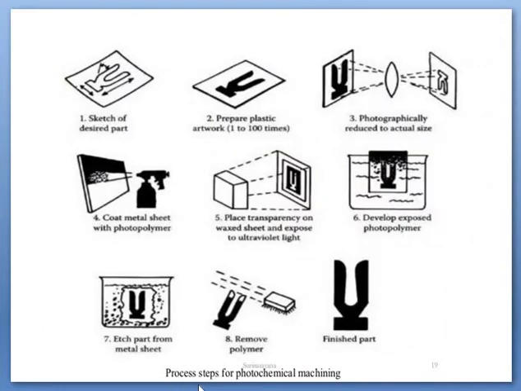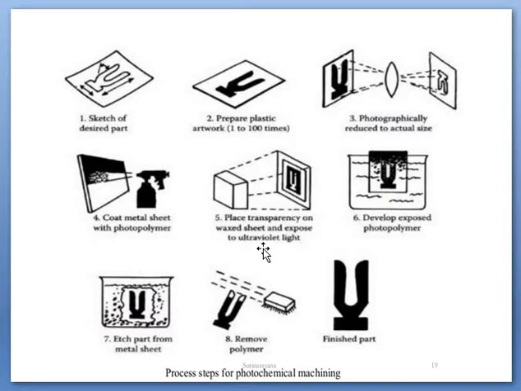This is the process step for the photochemical machining process. You generate the shape of the selected object, prepare the plastic artwork using the scale, then photographically produce the reduced actual size, then apply the photopolymer.